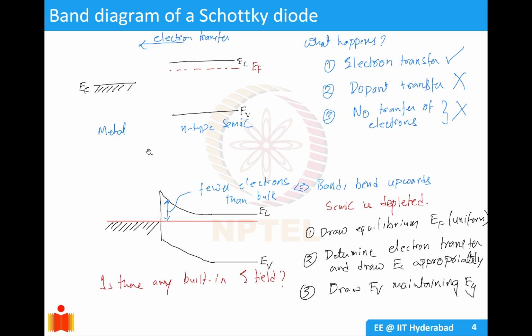So if your vacuum level is here for the metal, at the contact the vacuum level cannot be here for the semiconductor. It has to be here. So your EC and EV at the contact will remain at the same position, but away from the contact you will draw EC and EV similar to your earlier EC and EV, and then you can just join them like this.